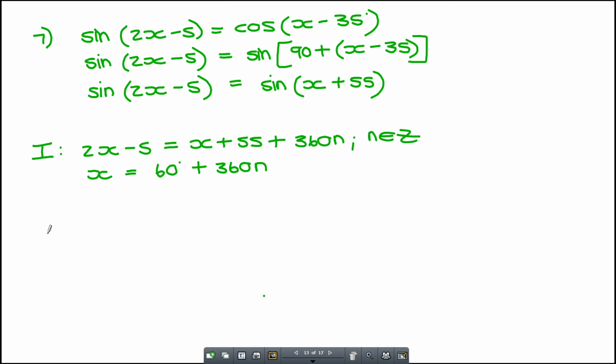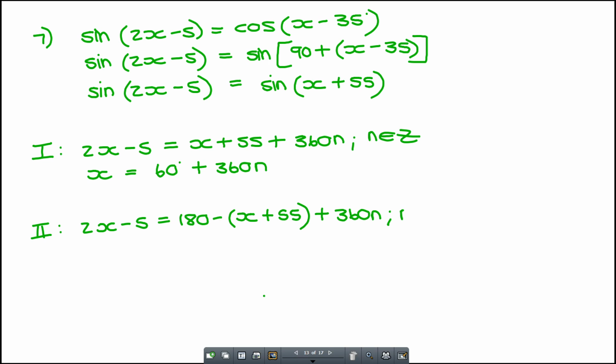Okay, then second quadrant. I will have 2x minus 5 is equal to 180 minus. And the important part here is you've got to remember to keep it in brackets. Okay, so let's just get rid of those brackets first. So 180 minus x minus 55.